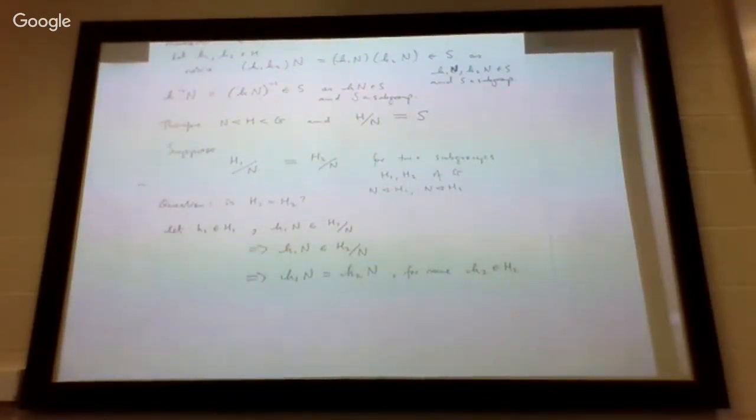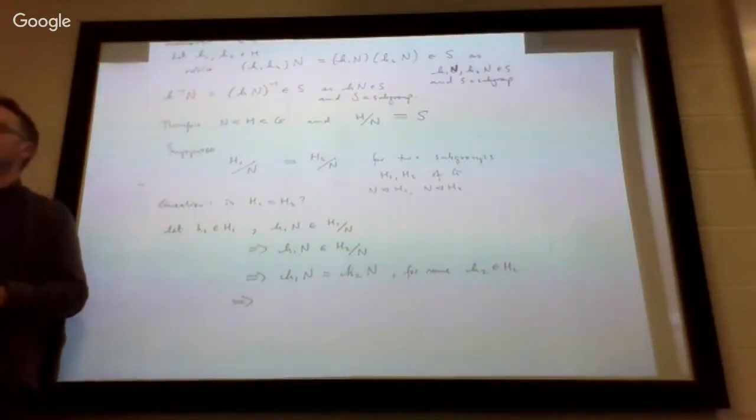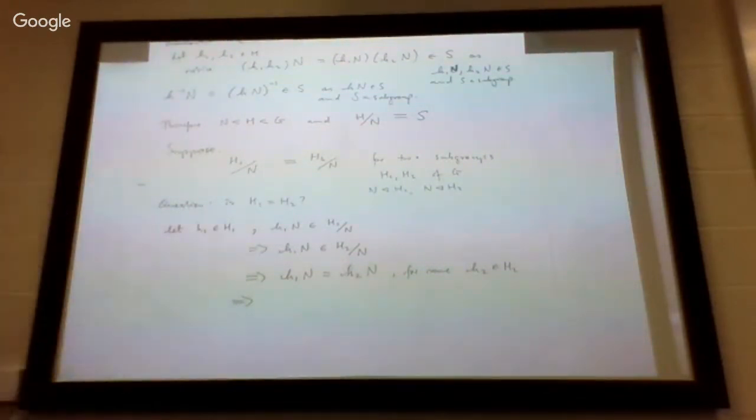If the cosets are equal, then that implies that h1 equals h2. It implies that they're the same.